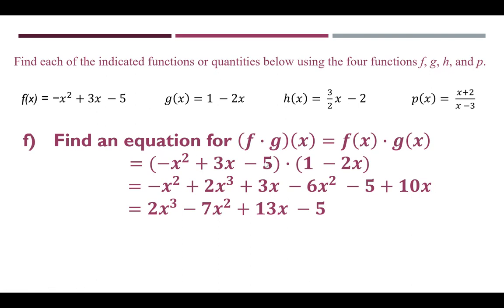Next, come my x to the first powers. 3x and 10x make 13x. And finally, my minus 5 constant has nothing with which to combine, so I just place it there. And that would be my final answer for f times g of x.